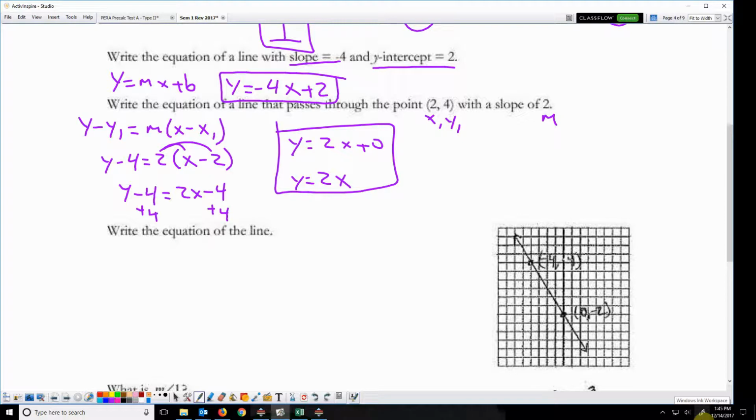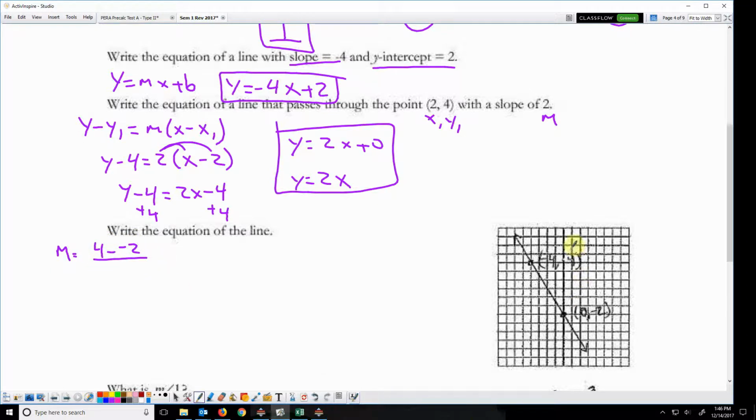Okay, we've got another line to write an equation of. We need the slope and a point. There's a few different ways we could do this, but we're going to practice this same way. And to find the slope, y minus y would be 4 minus negative 2.